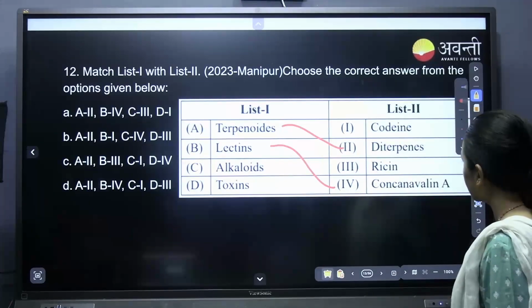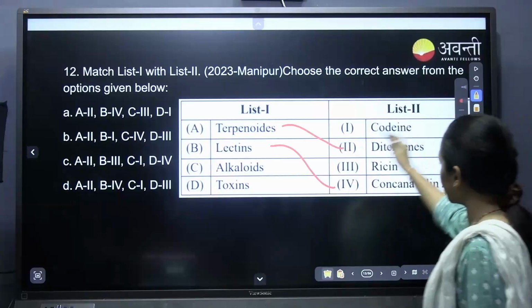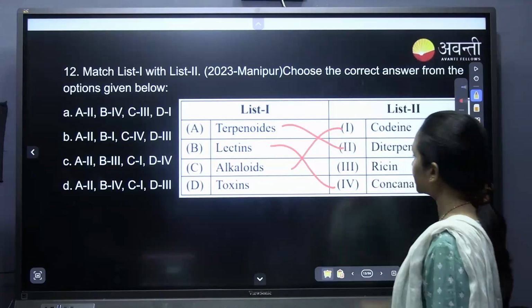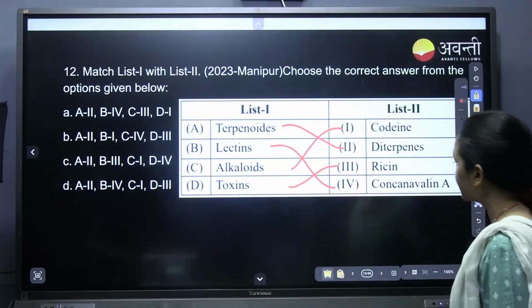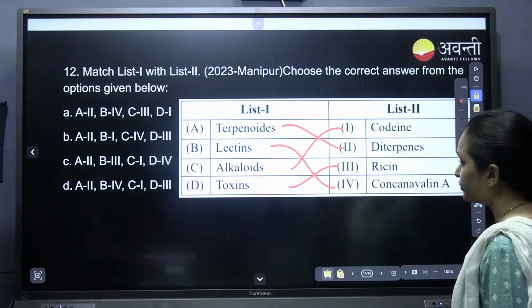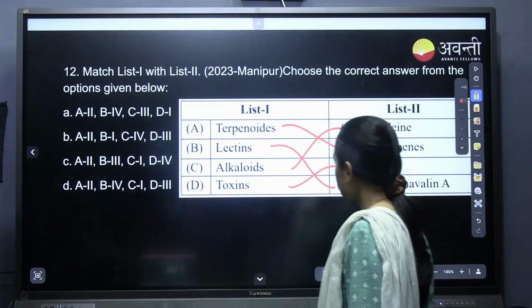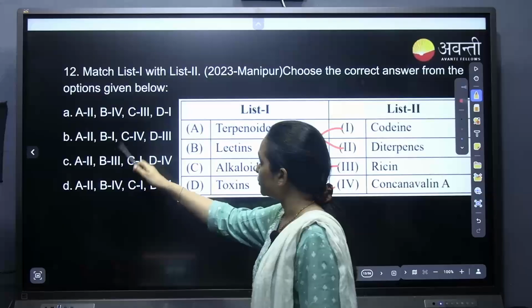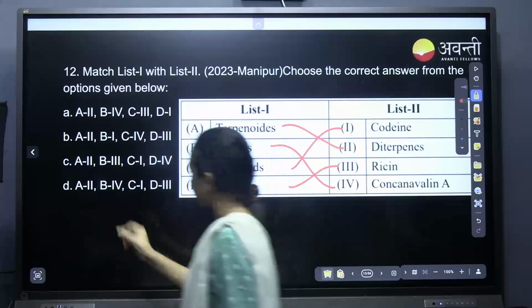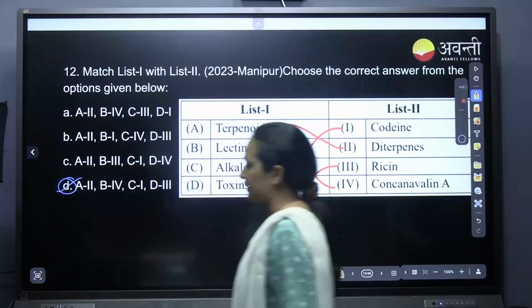Codeine or morphine is an alkaloid, as I previously said, and ricin is a toxin, which makes A2, B4, C1. Yes, D for Delhi is the correct answer.